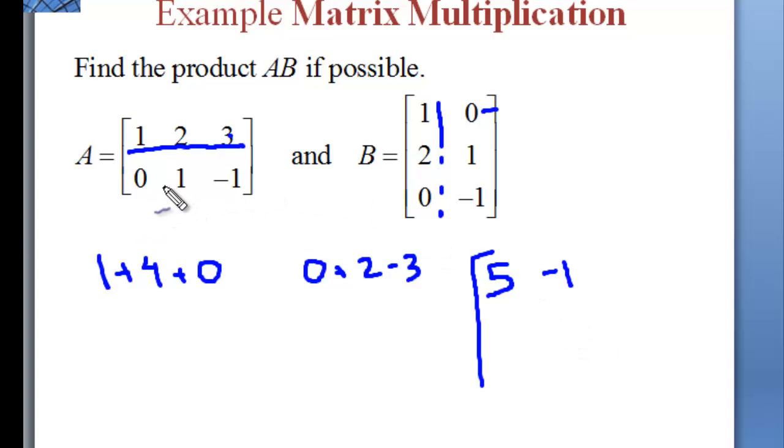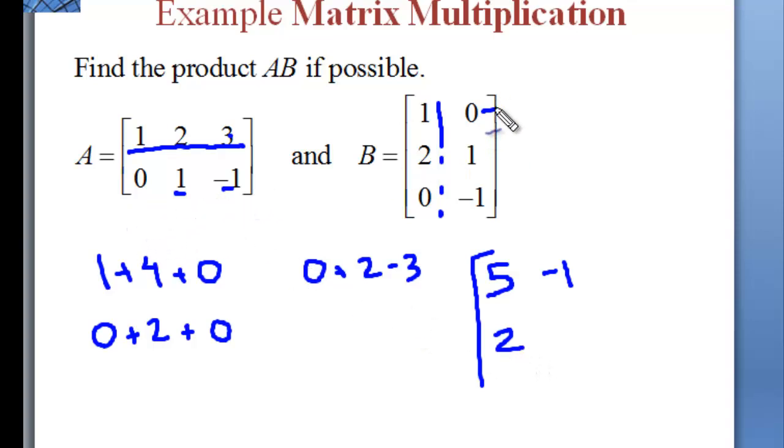Now we move down to the second row. 0 times 1 is 0. 1 times 2 is 2. And negative 1 times 0 is 0. 0 plus 2 plus 0 is 2.